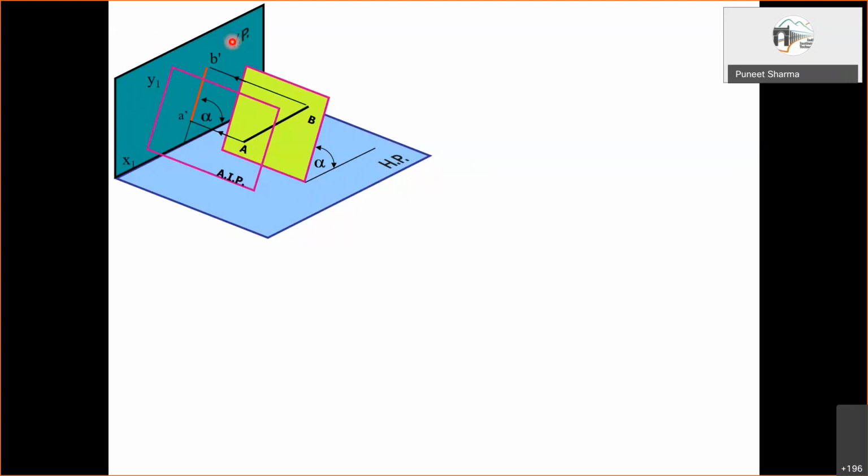So I'm repeating, this x1 y1 is parallel to this A dash B dash. That means whenever we have an auxiliary inclined plane which is parallel to the line, then the new XY line corresponding to it will be parallel to the front view of the line. So these things we can utilize and then we can obtain the auxiliary view.